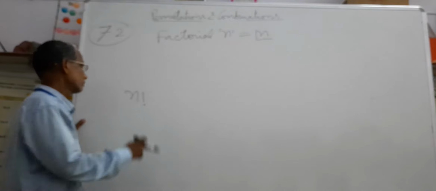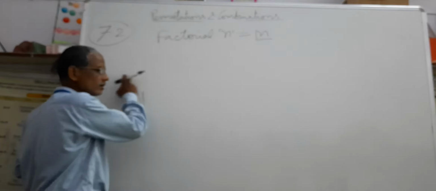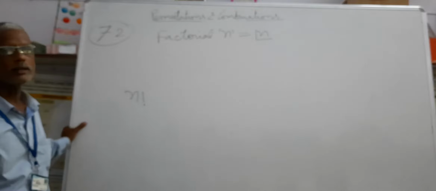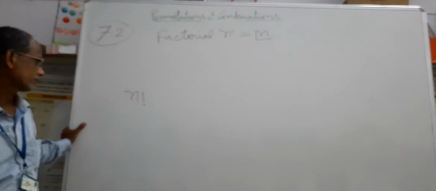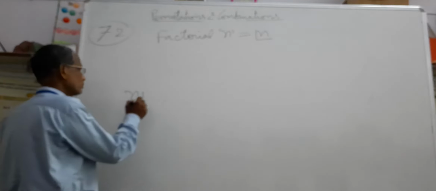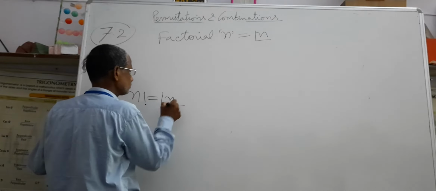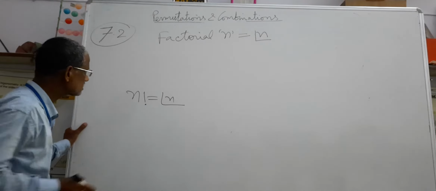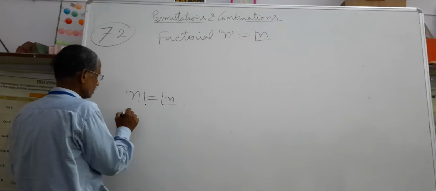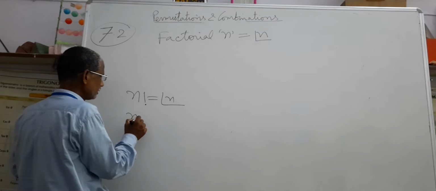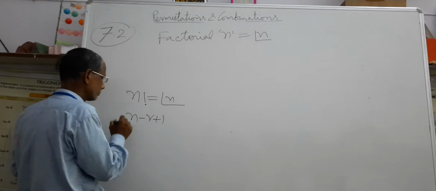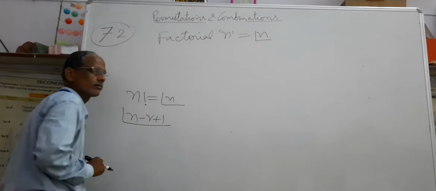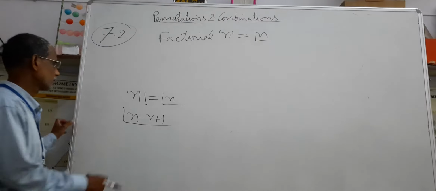But don't use this version. This is the printing method. You will use only this symbol. For example, if we write n minus r plus 1 factorial, this is simple.